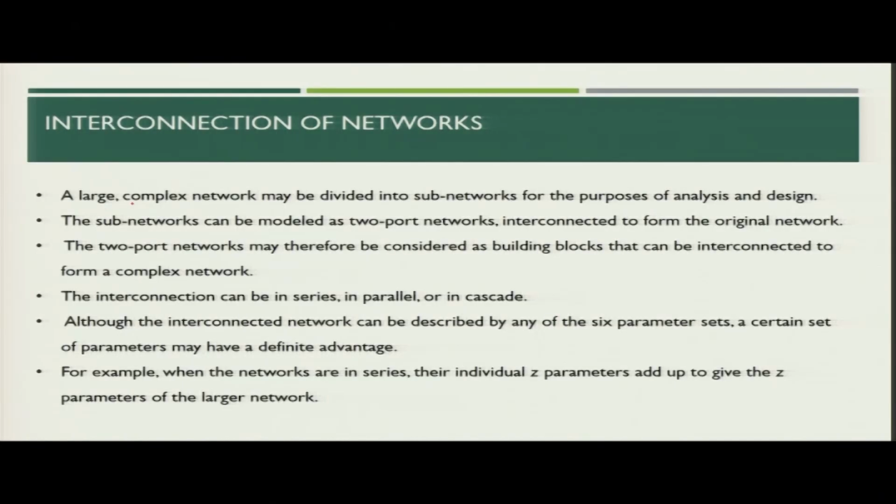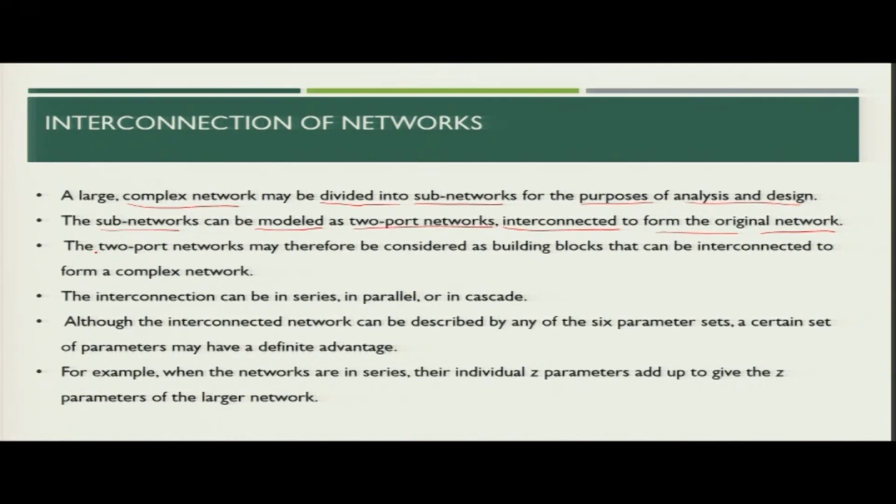So, as we discussed, a large complex network can be divided into sub networks for the purposes of analysis and design. The sub networks can be modeled as two port networks. So, the sub networks which we create out of the large and complex network, we will convert into two port networks and we will interconnect them to reform the original network.